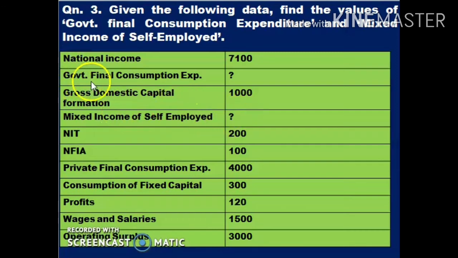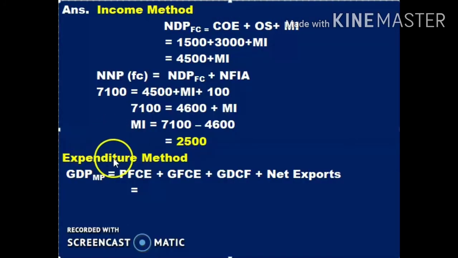Then you have to find the government final consumption expenditure. It can only be found by the expenditure method. How will we do it? Just look. In the expenditure method you have to find GDPMP. The formula is PFCE plus GFCE plus GDCF plus net exports.